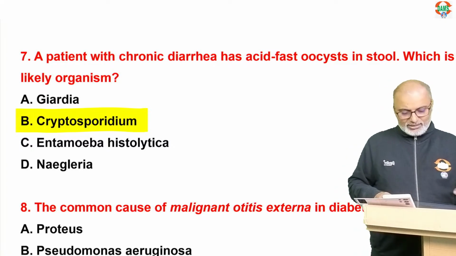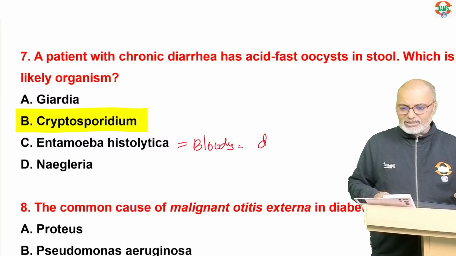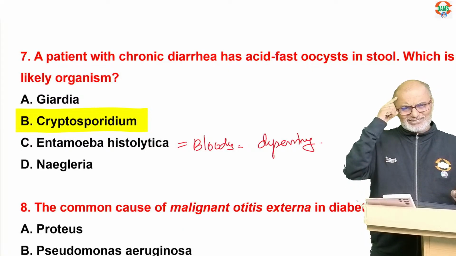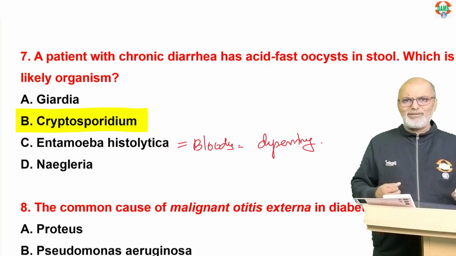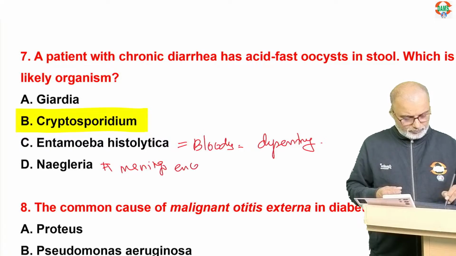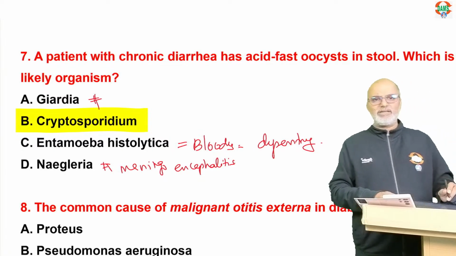Got it? Entamoeba histolytica produces bloody diarrhea, not chronic, bloody. We call it amoebic dysentery. Naegleria causes what? Not diarrhea. Amoebic meningoencephalitis. Giardia, what does it cause, my dears?